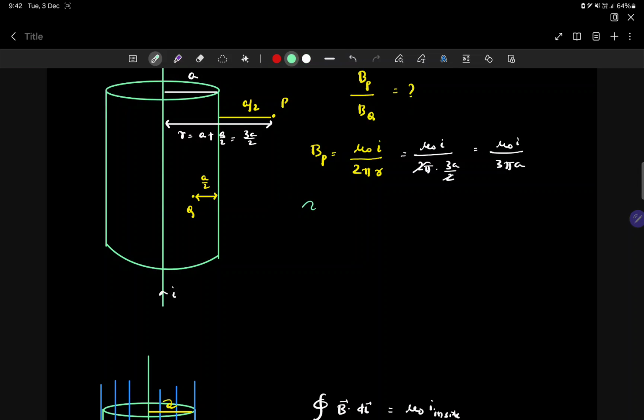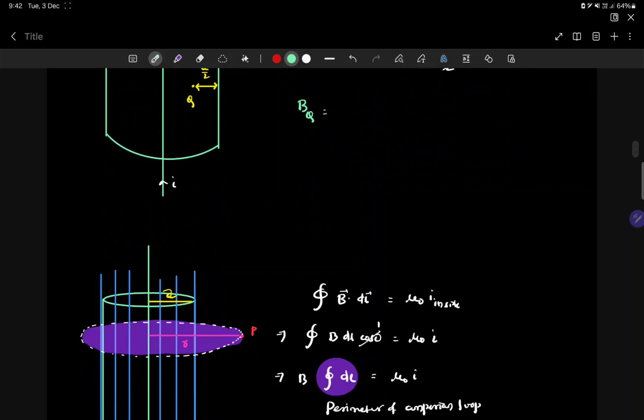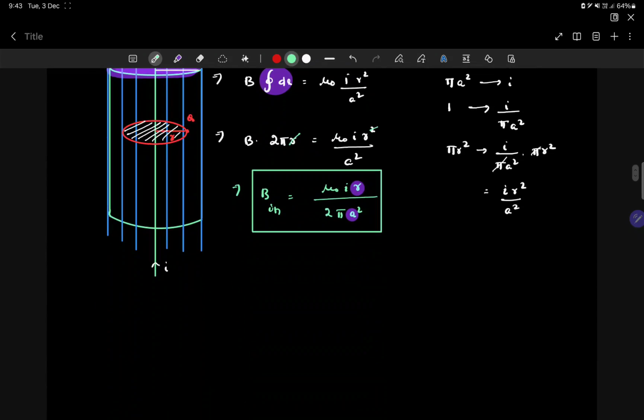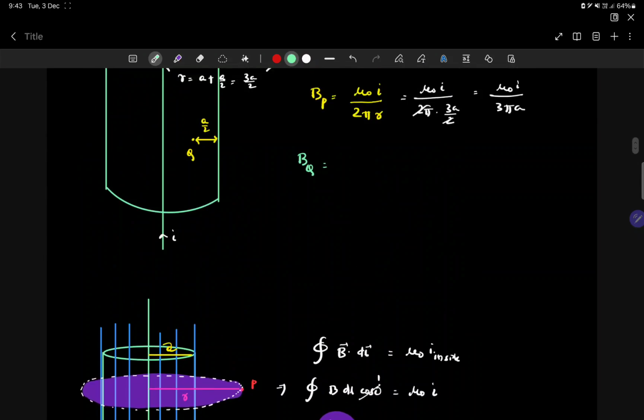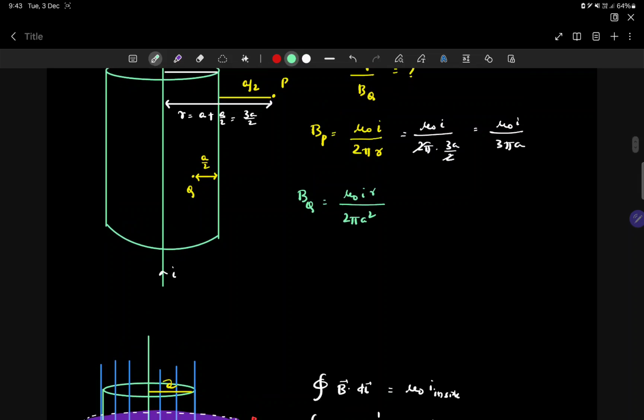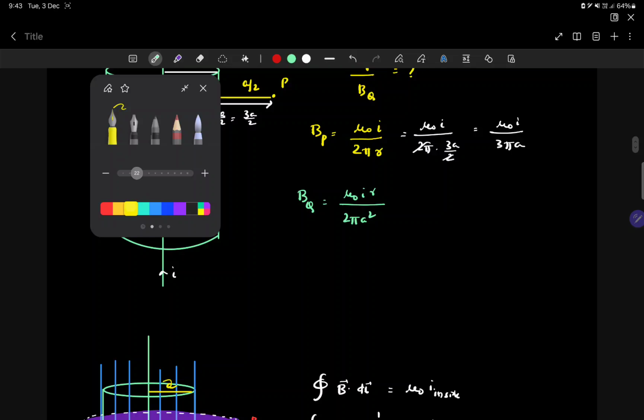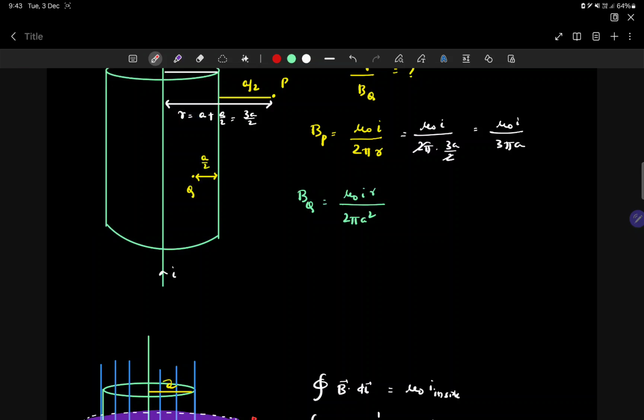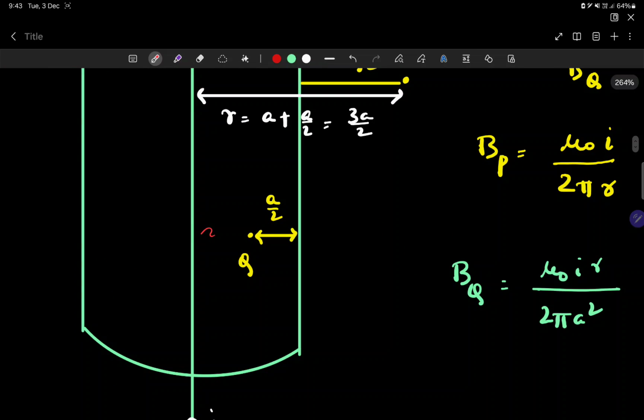Now B at Q. Q is an inside point, and for an inside point the formula is mu naught I r by 2 pi a square. So what is r in this case? Again you have to calculate the value of r. R is the distance of the point Q from the axis.